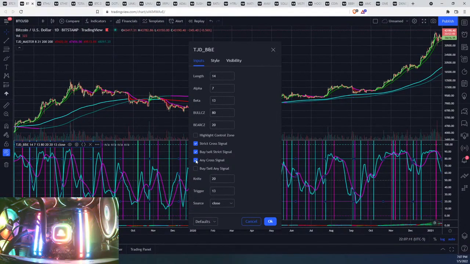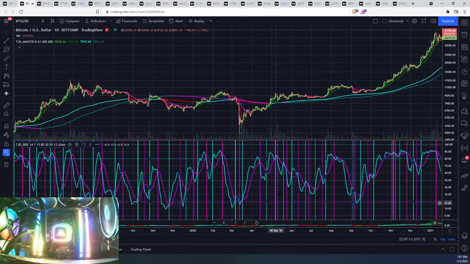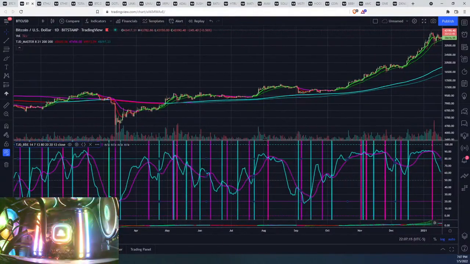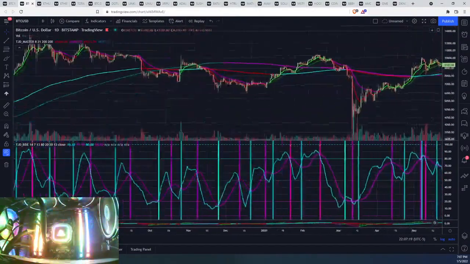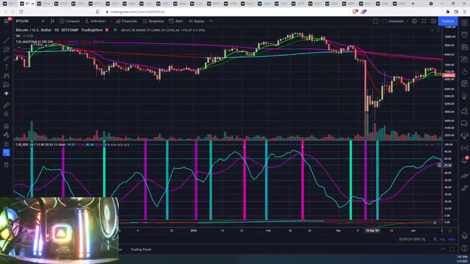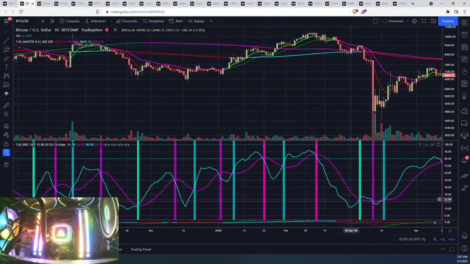We're still going to have all the same cross signals initially, but now when the two colors interact together, here's a specific example. This is a bull cross signal, and because it has the strict criteria, because it's in the bearish control zone, we see it's lit up in a slightly brighter color. And the same thing with this sell right here and this sell right here.